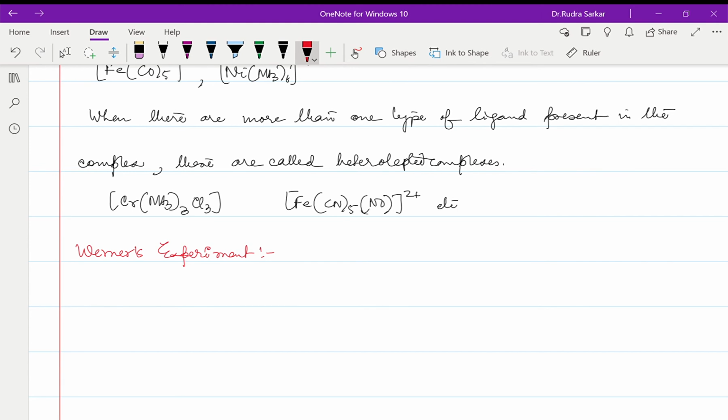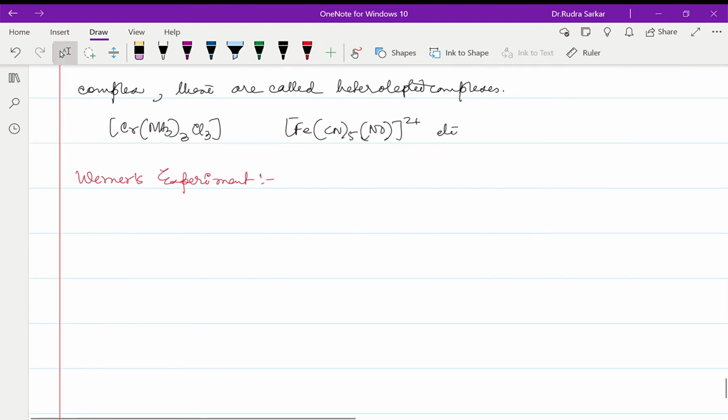So let me just have a little discussion over it. So say suppose there is a beaker containing some solution.